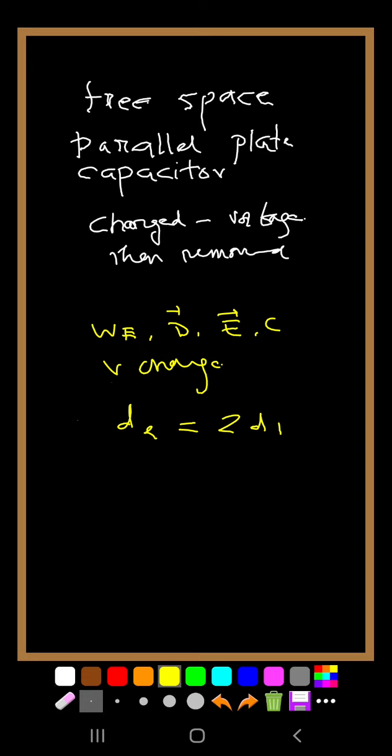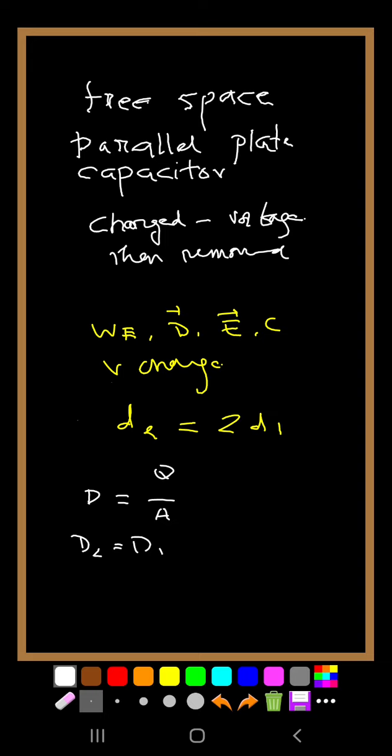So in this case, what we find is the displacement vector D is equal to simply Q by A, and D2 is equal to D1.